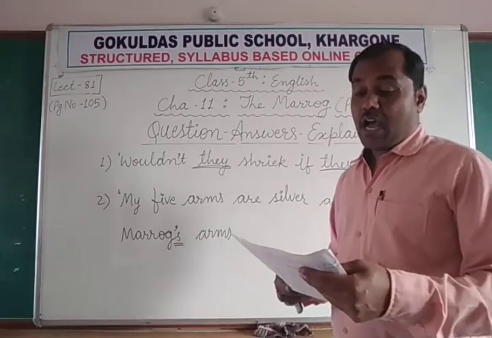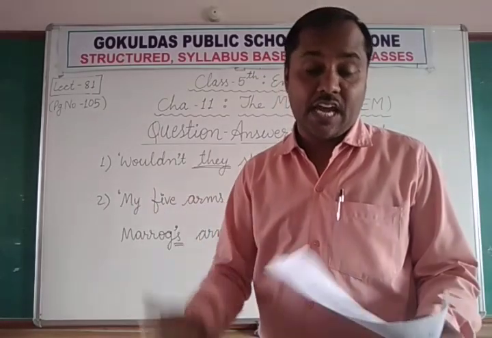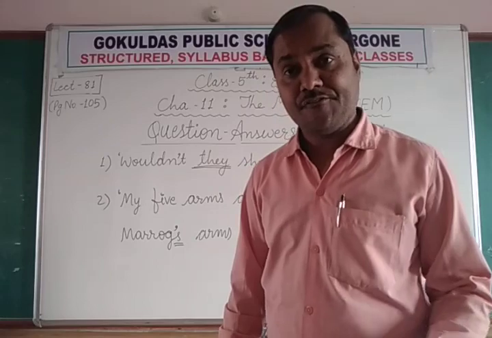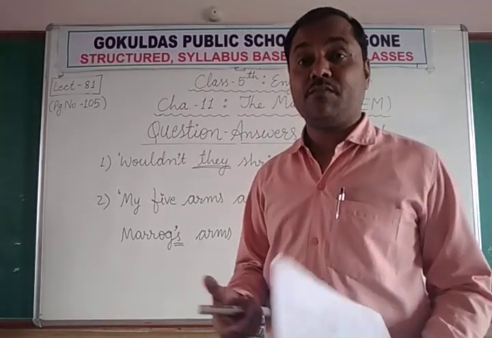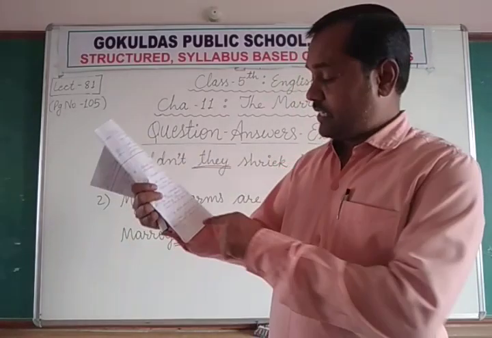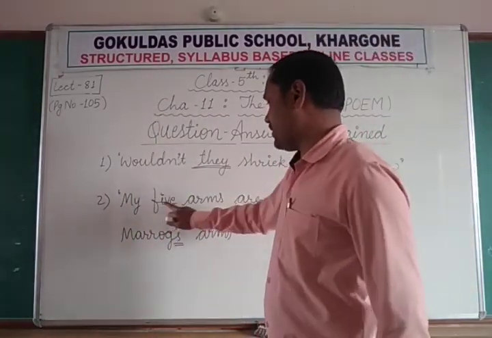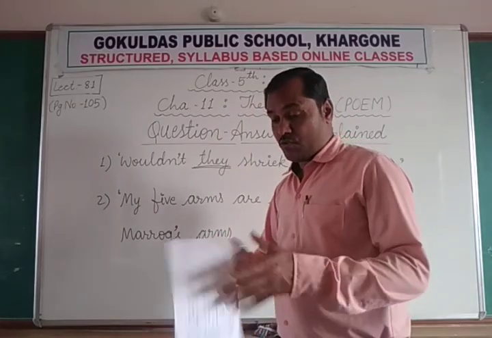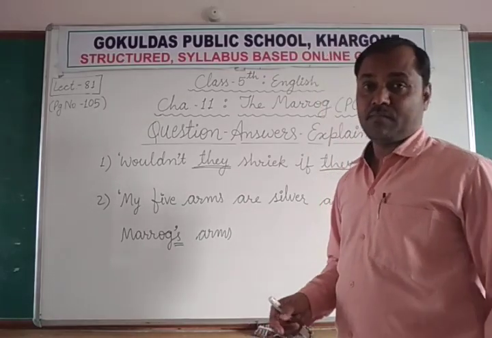Next question. How many arms? How many arms did the Marrog have? The answer is written in the line, my five arms. Here is the answer. Five arms. So the answer is: the Marrog had five arms.